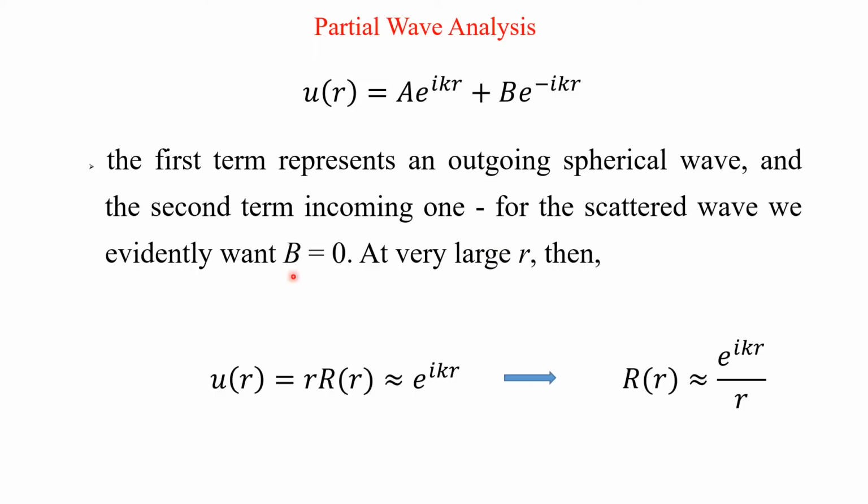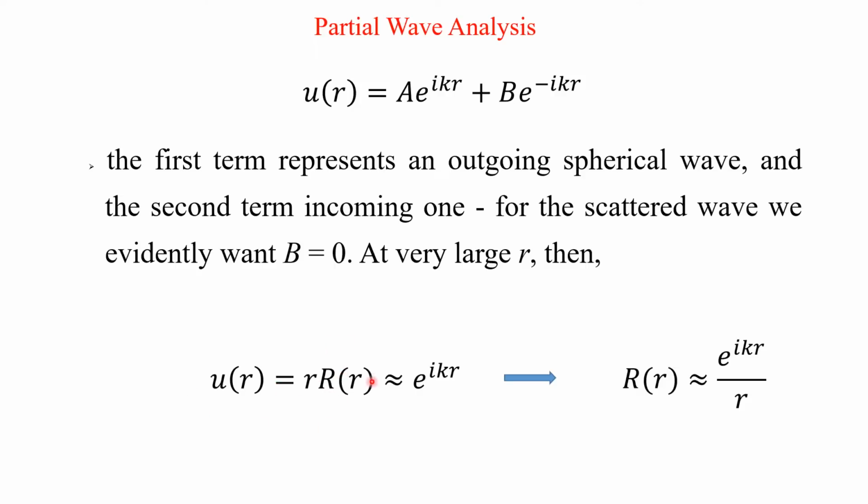For the scattered wave, we evidently want B to be zero, because we are dealing only with the outgoing wave. At very large r, this term will get cancelled. So u of r, which is equal to r times capital R of r, is approximately equal to e power ikr.